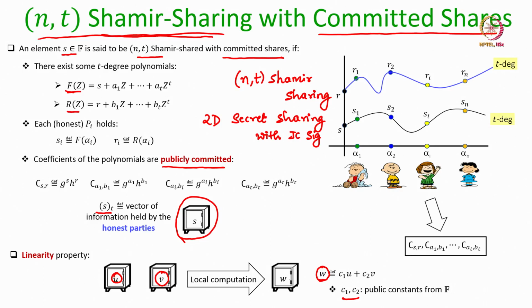That will not require running a fresh instance of verifiable secret sharing to secret share w. Based on whatever information the parties have for the secret sharing of u and the secret sharing of v, they can perform some local computations, and end up getting their respective data for a Shamir secret sharing of w with committed shares.